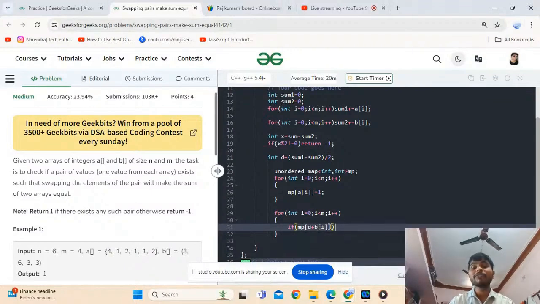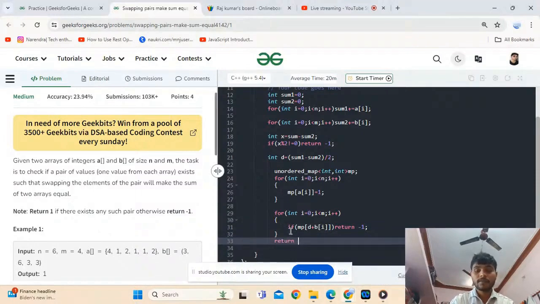So d plus b of i existing means a of i minus b of i is equal to d, which means there exists a number whose difference is d. Like that we have to assume. Return 1, otherwise return -1.